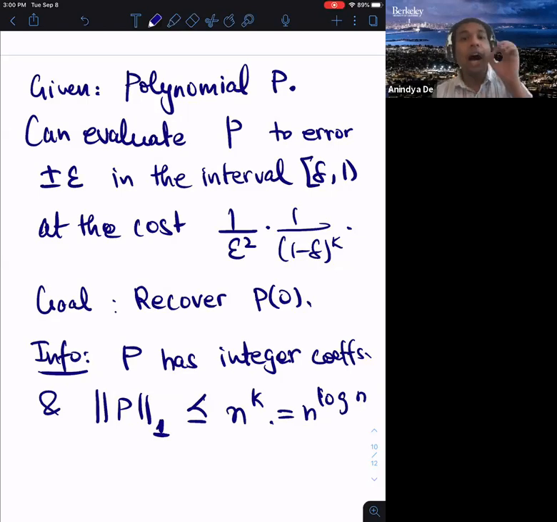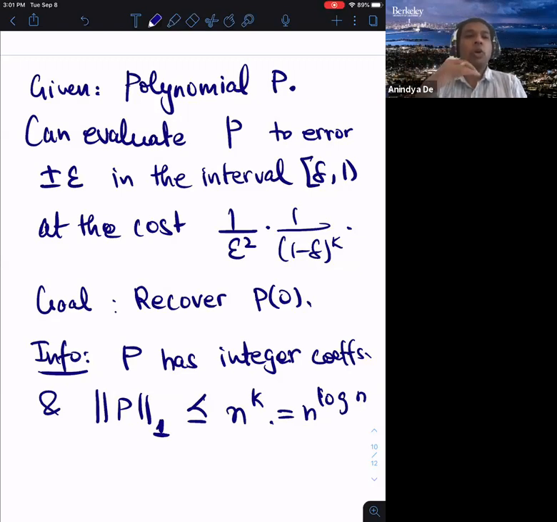You want to know how accurately you need to evaluate this polynomial P in the interval delta to 1 so that you can recover the constant coefficient P0, leveraging the fact that P only has integer coefficients.